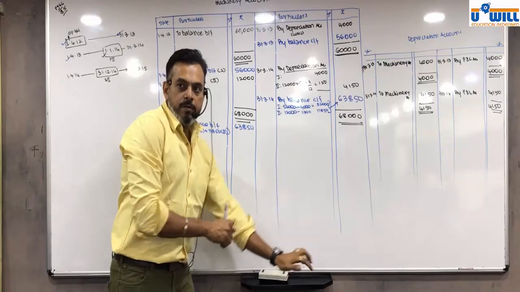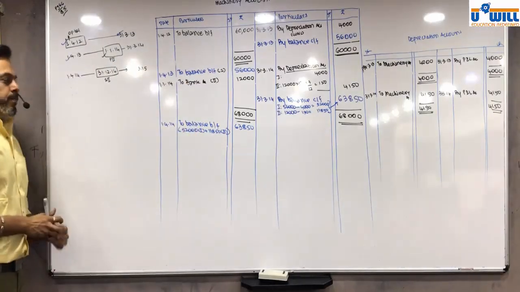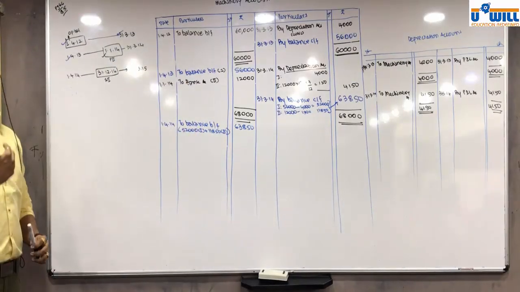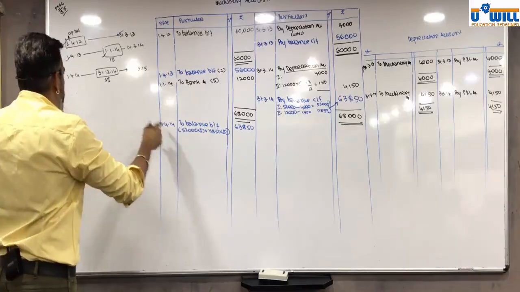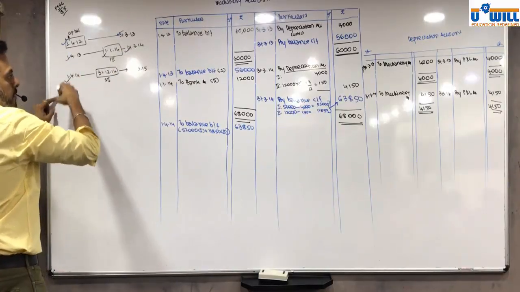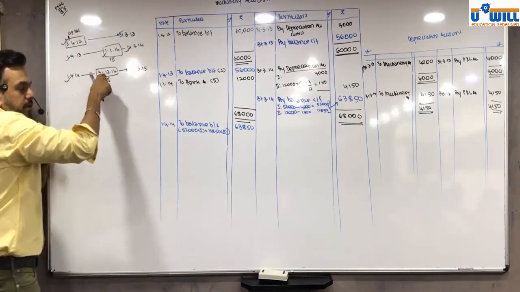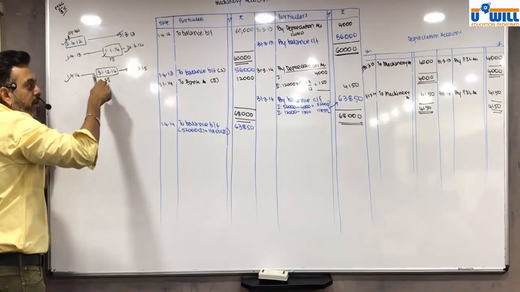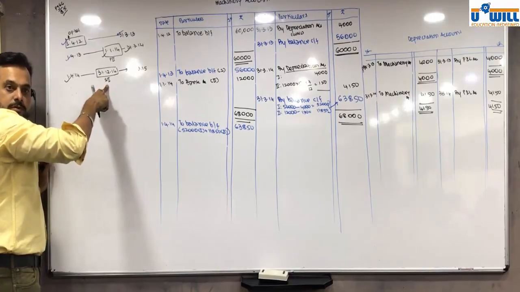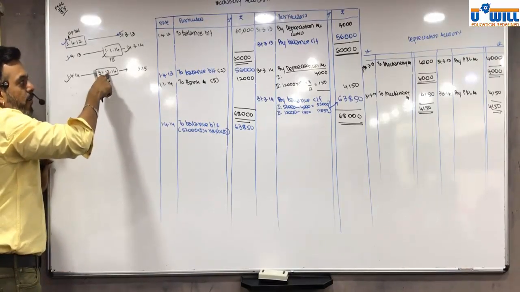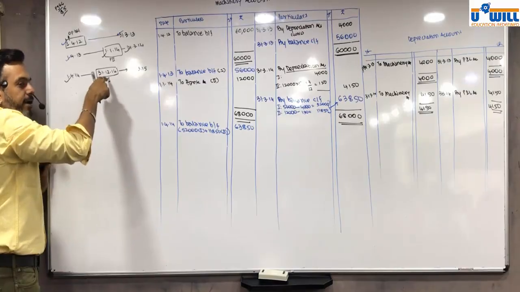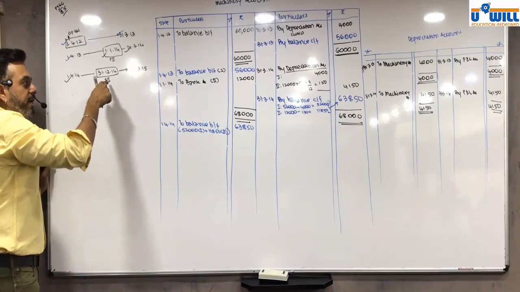Now, third year. Pay attention please. Third year, 1/4/2014 done. Now on 31/12/2014 we are selling machine 2. So first of all we have to provide depreciation up to the date of sale on machine 2.